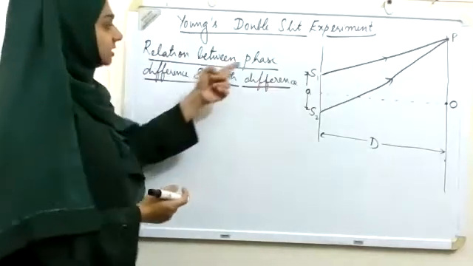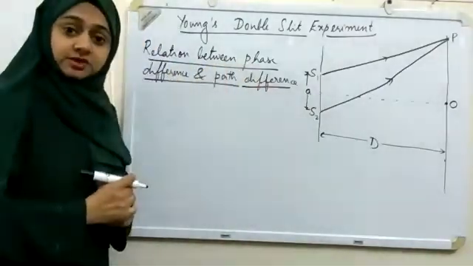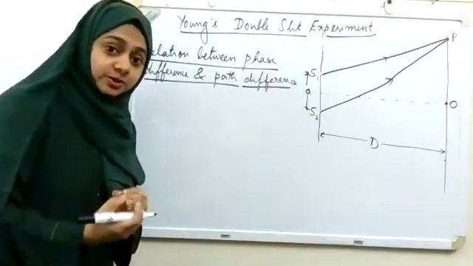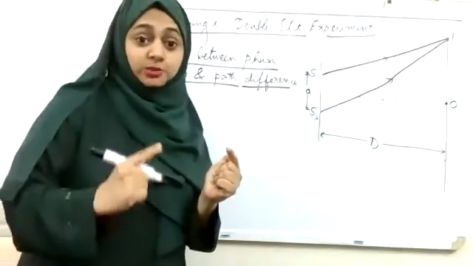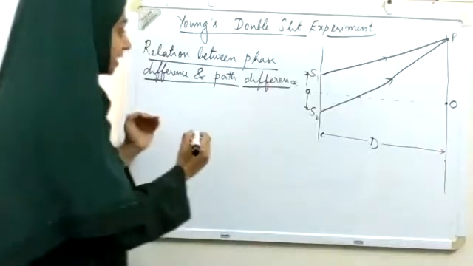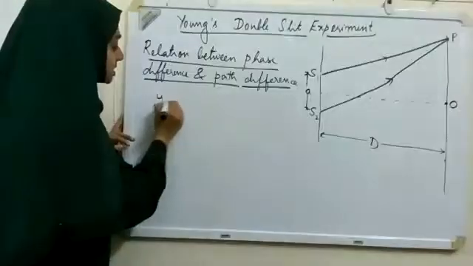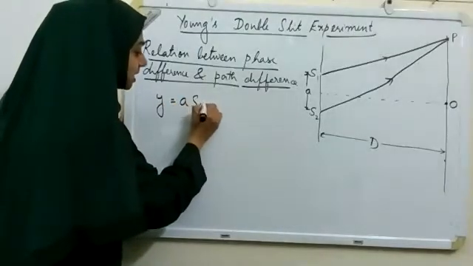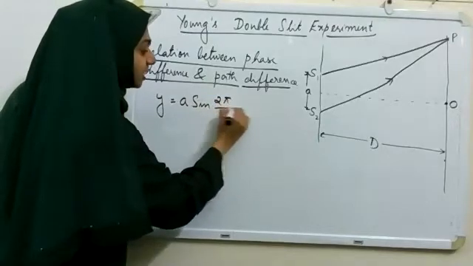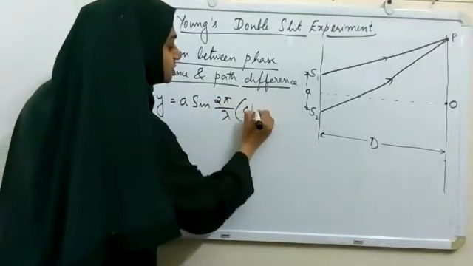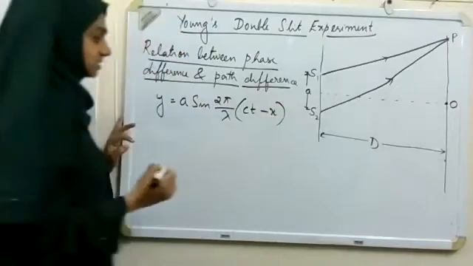Now, let us see what is meant by phase difference. In the beginning of this chapter, we said that any wave can be expressed by the equation y equals a sin 2 pi by lambda into (ct minus x).